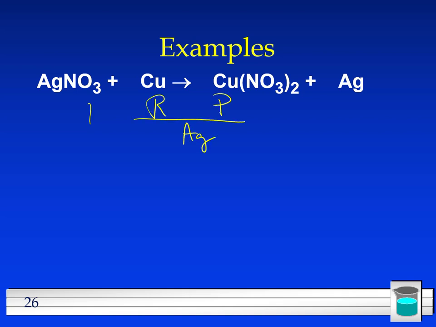I have to worry about silver, nitrogen, oxygen, and copper. I've got 1 silver, 1 nitrogen, 3 oxygens, and 1 copper on my reactant side. On my product side, I have 1 copper, 2 nitrogens, 6 oxygens, and 1 silver.